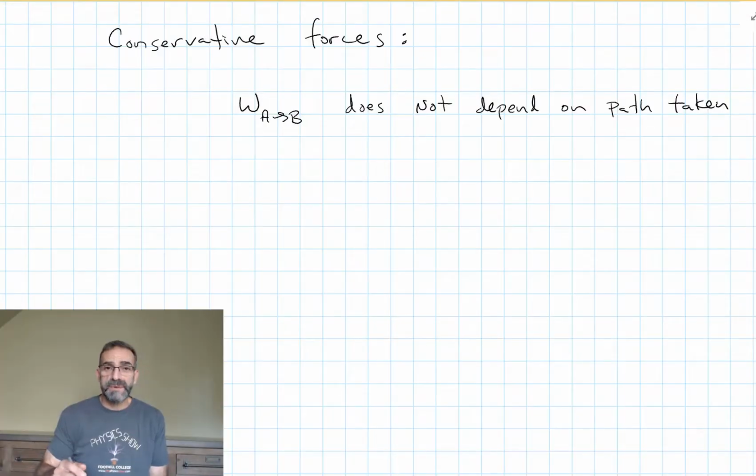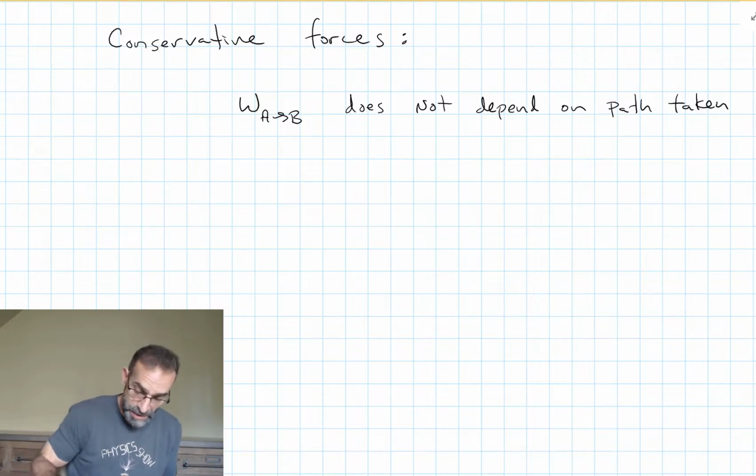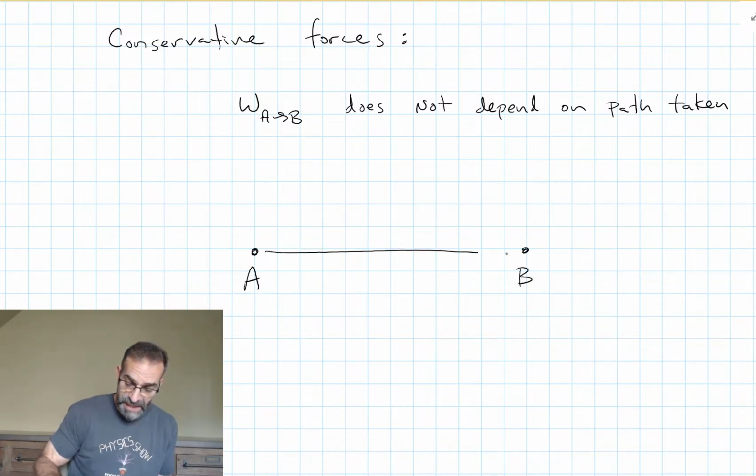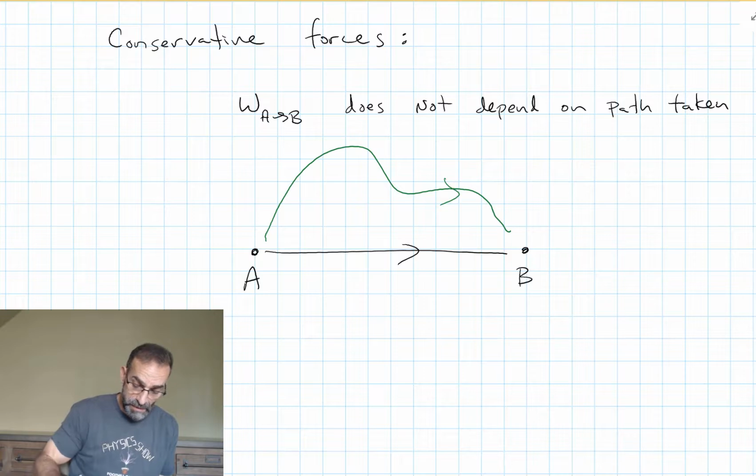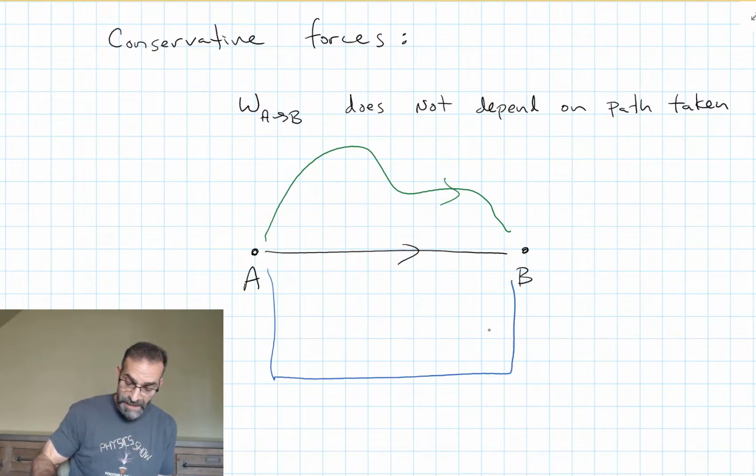One last topic with work is whether the force is conservative or non-conservative. Remember, for a conservative force, the work done from point A to point B was independent of the path taken. If I start here at point A and I end up here at point B, it doesn't matter if I take the straight line path or if I take this path or if I take this path.